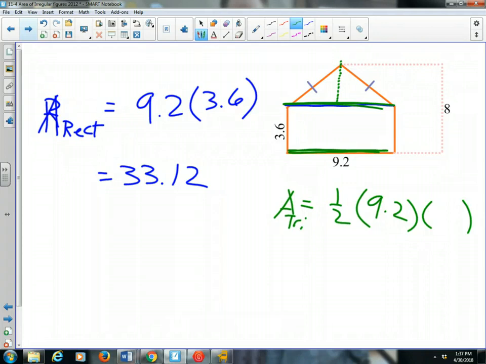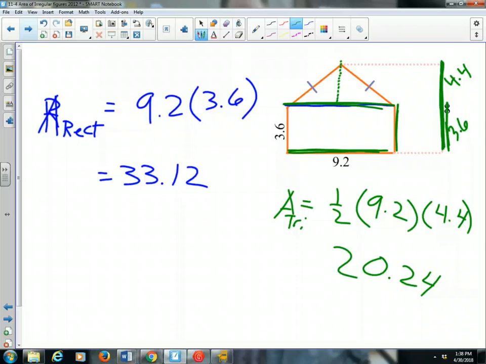The height of the whole figure is 8, and this right here is 3.6, so this has to be 4.4. So the height of the triangle is 4.4. So 1/2 times height times the base, 9.2 times 4.4 times 1/2, is 20.24.